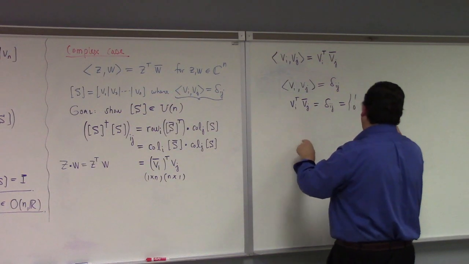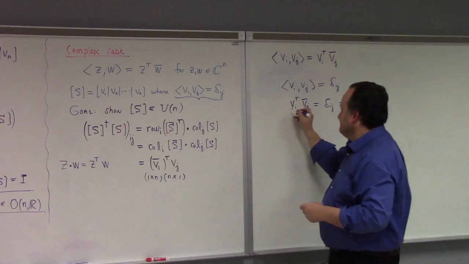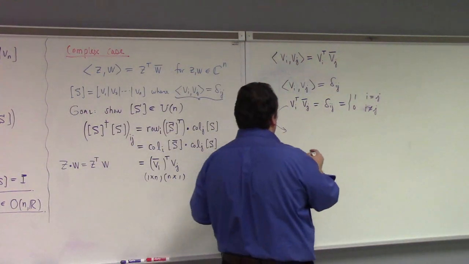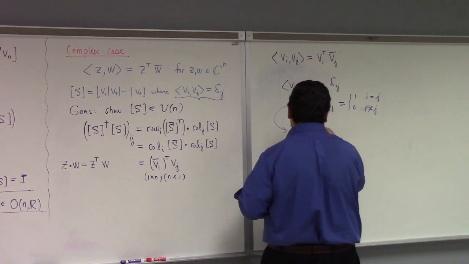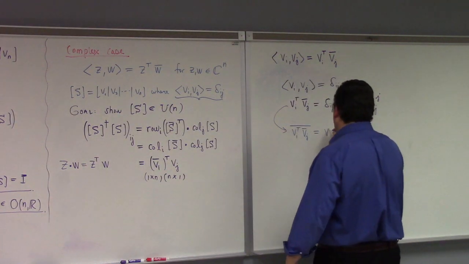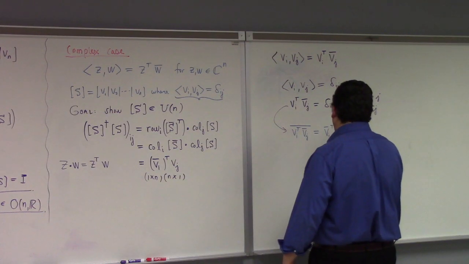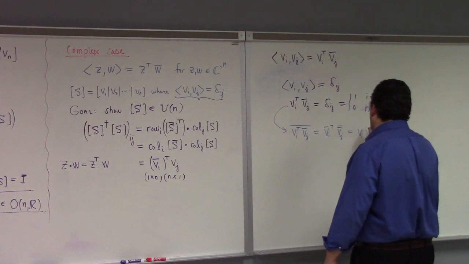So in other words, we can take the complex conjugate of this equation, and what does it tell us? That is Vi conjugate transpose times Vj, since conjugating twice gives back Vj.